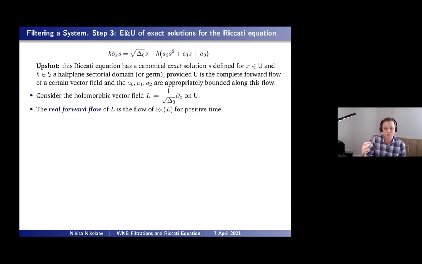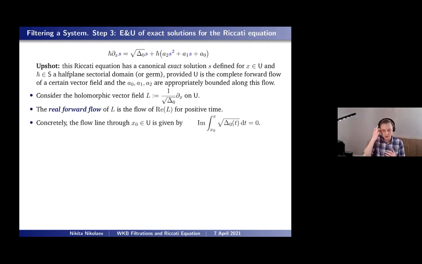There's a notion of positive and negative flow time. Concretely, if I want to write down a formula for a flow line through a point, it's given by the vanishing of the imaginary part of this integral. And no doubt this kind of expression will be familiar to many people in the audience. This is exactly the sort of thing you see in the exact WKB literature.